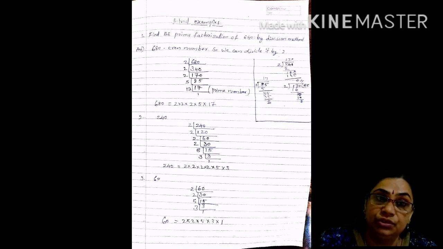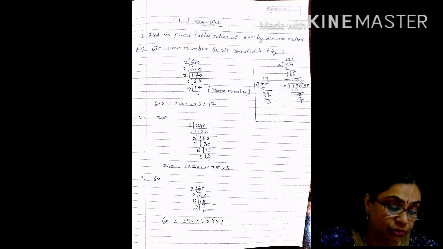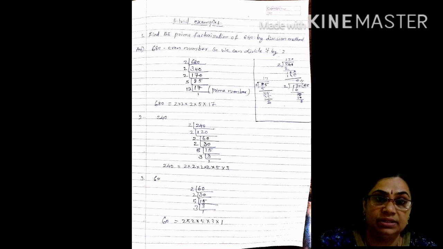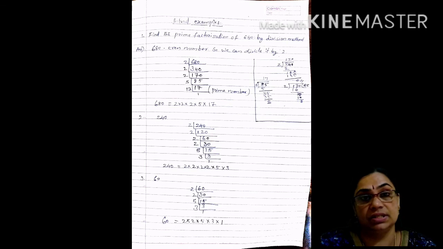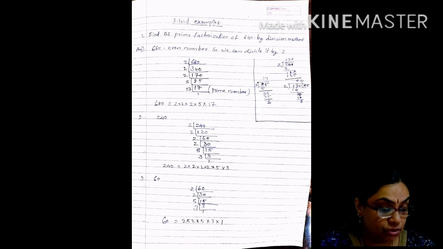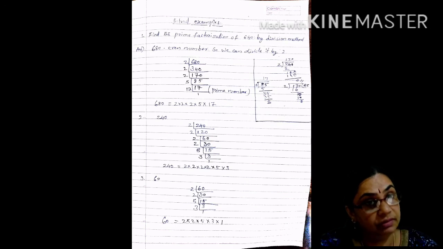We can try for 2. 30 divided by 2 is 15, and 15 divided by 5 is 3. 3 can be divided by 3 only, so we get 1 as the result. So 240 can be written as 2 into 2 into 2 into 2 into 5 into 3.